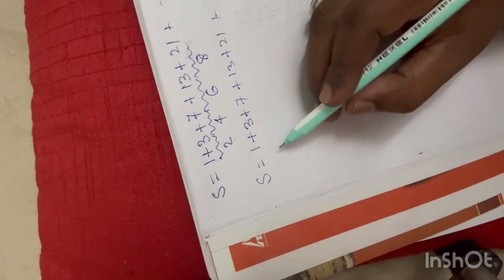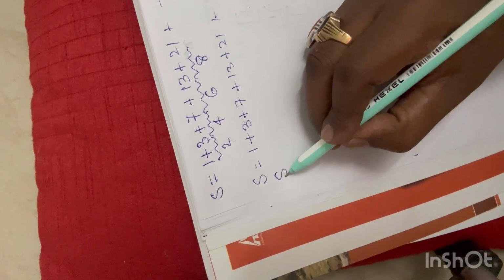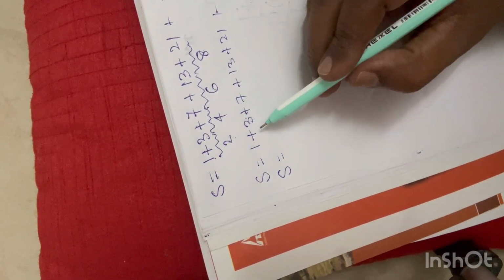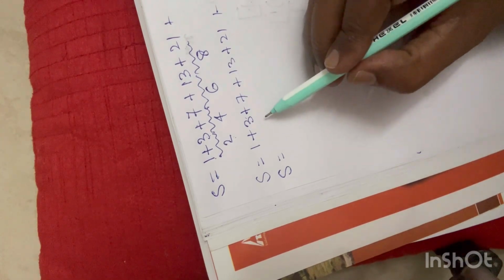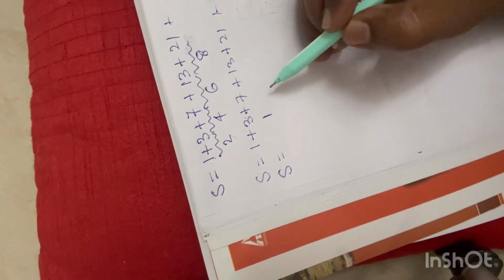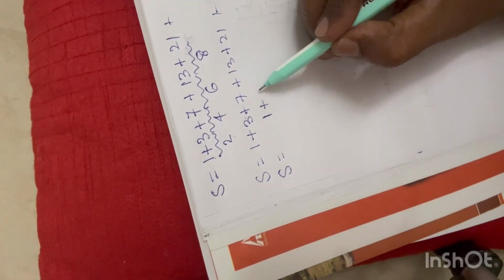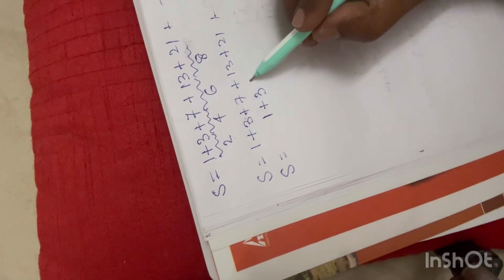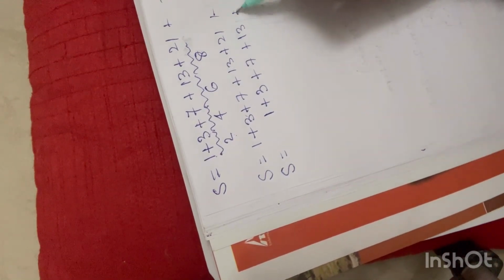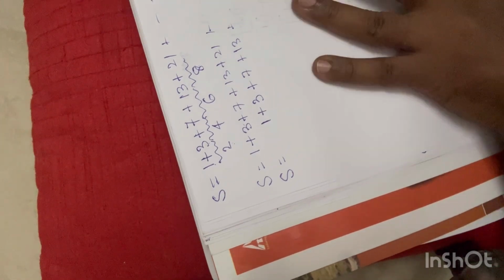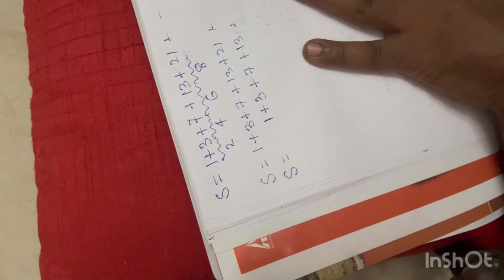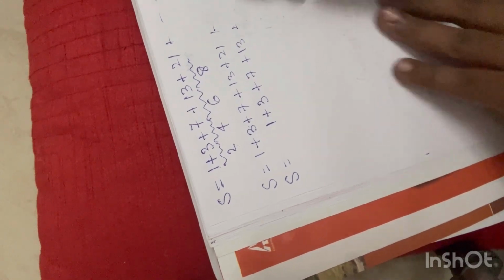Now I will write the sum again, but this time I will shift the terms one step ahead. That means the first term I will put below the second term, so the second term will come below the third, and likewise all terms progress one term further. In this way the term that comes below Tn will be Tn minus 1, and Tn will be shifted one step ahead.